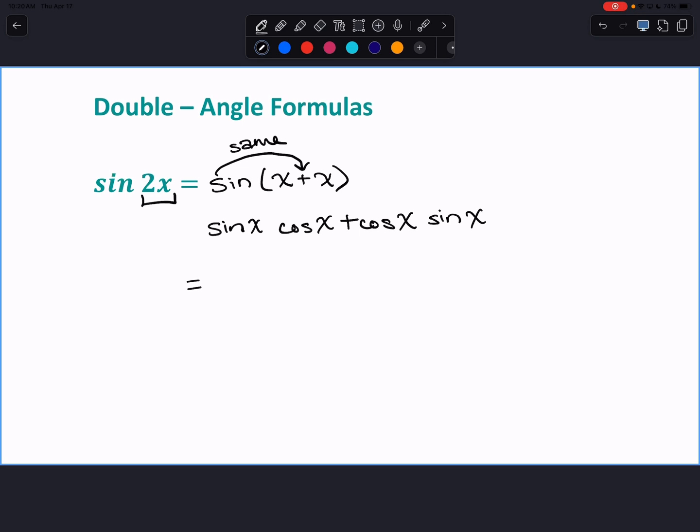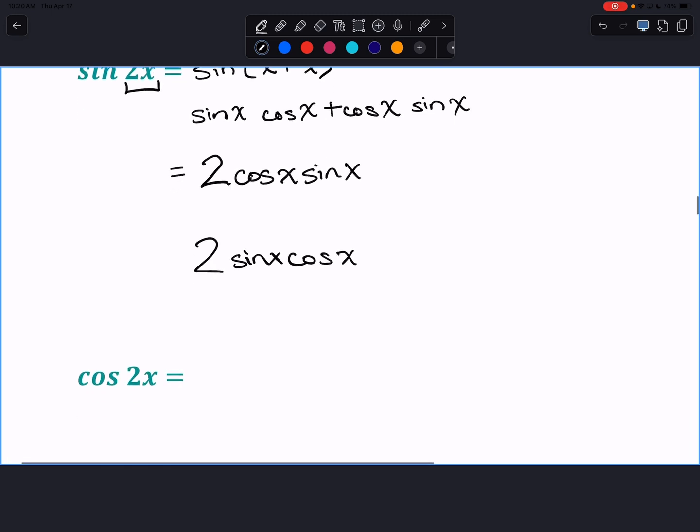So can you combine those two things? Yeah, so the double angle formula is 2 cosine x, sine x. Or I could have written it 2 sine x, cosine x. It doesn't matter. And that's it. So that's the double angle formula for sine of 2x. It's 2 cosine x, sine x.